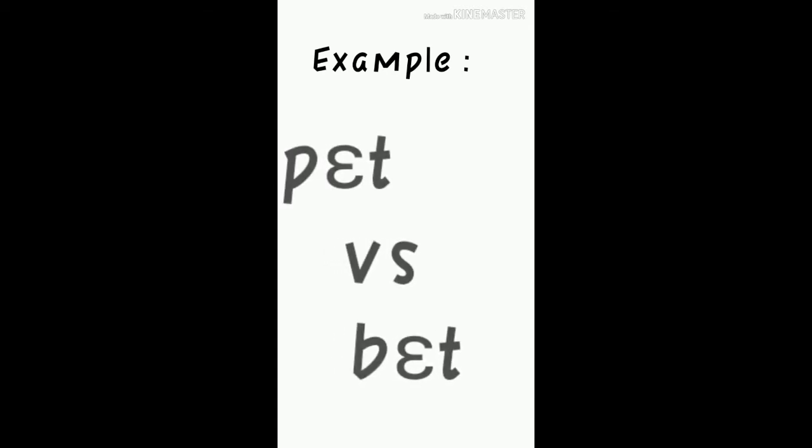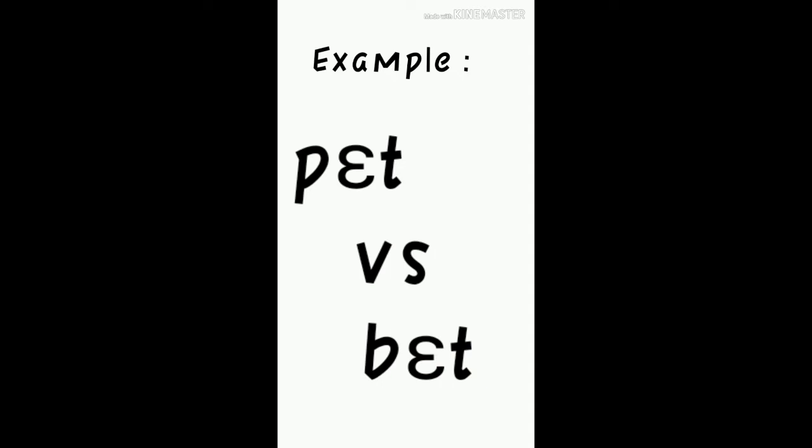When you find words that differ in only one sound but also differ in meaning, like pet and bed, they differ only in one sound, P and B. The first letter is different, but the rest of the word is exactly the same, in position too. Although they sound almost the same, the meaning is different. So this is a minimal pair.